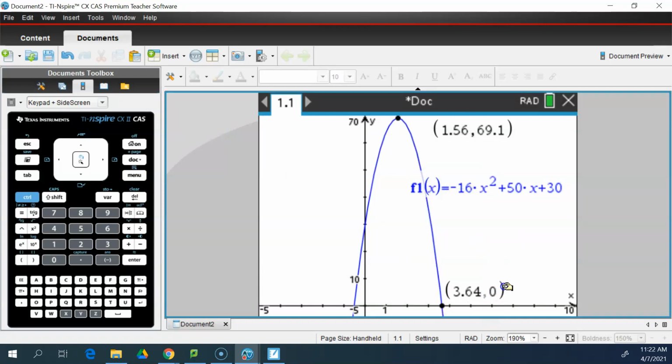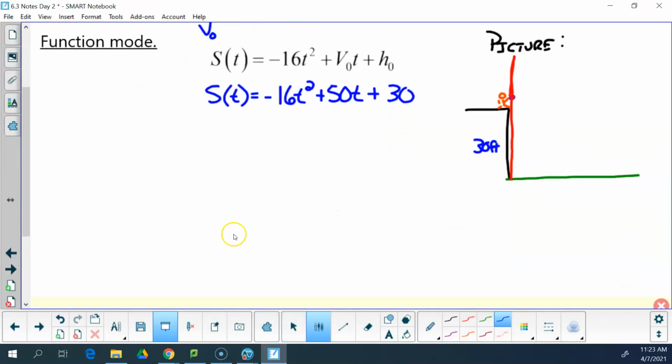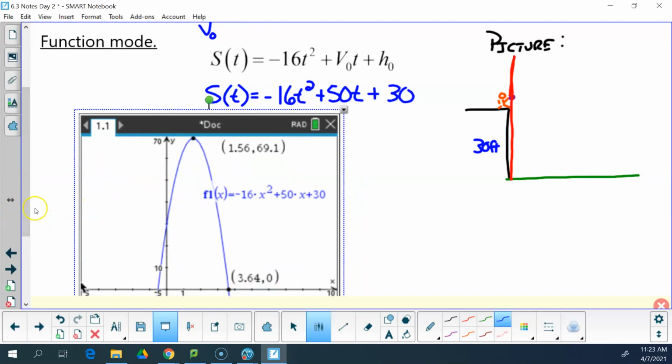This ball is in the air for 3.64 seconds under these conditions. We can find all that fun stuff based off of that function. I should capture that page, and then go back here.